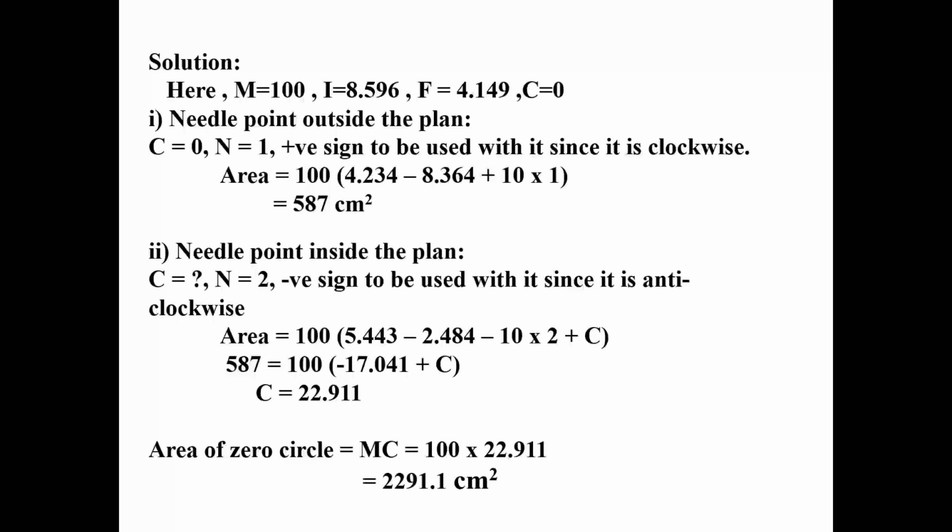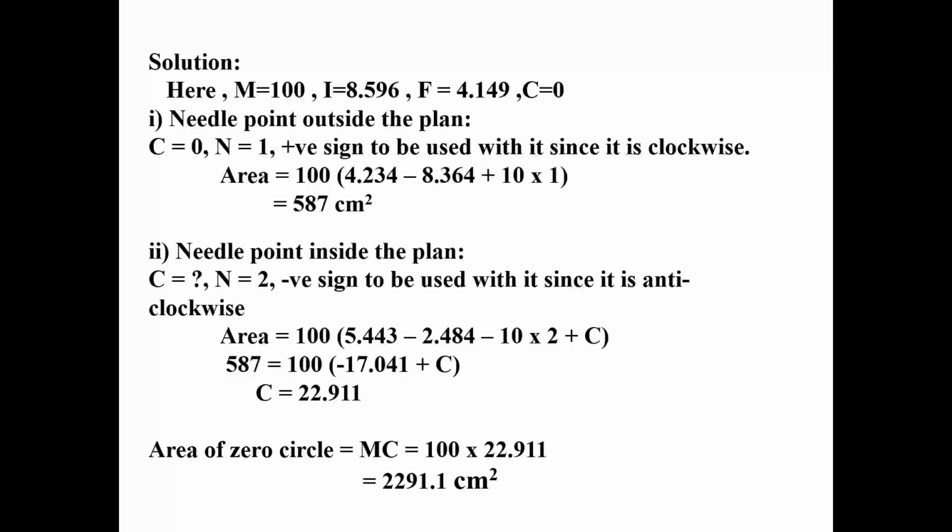The needle point is outside the plan, so C equals 0 and N equals 1, with a positive sign since it is the clockwise direction. Area equals 100, since m is given as 100 in centimeter square, 100 into 4.234 minus 8.364 plus 10 into 1, that is 587 centimeter square.